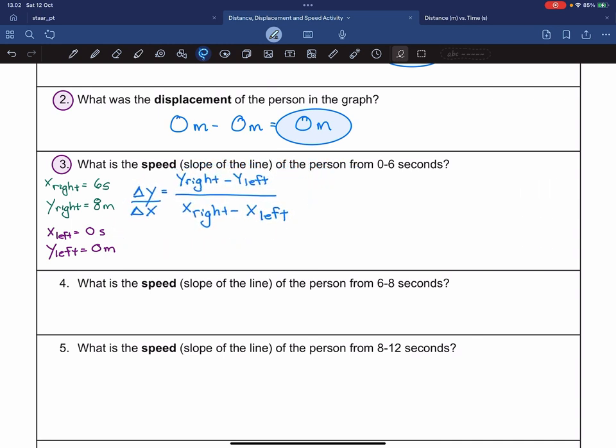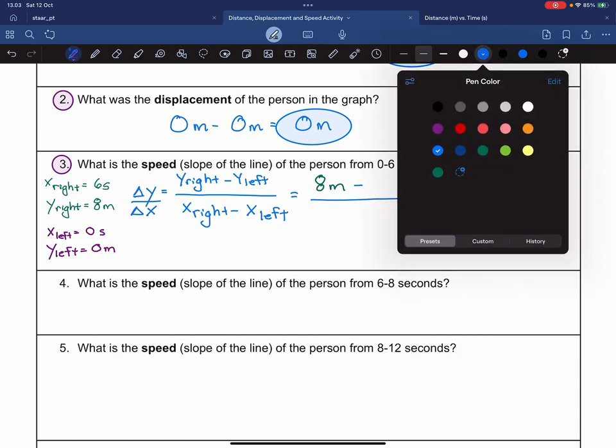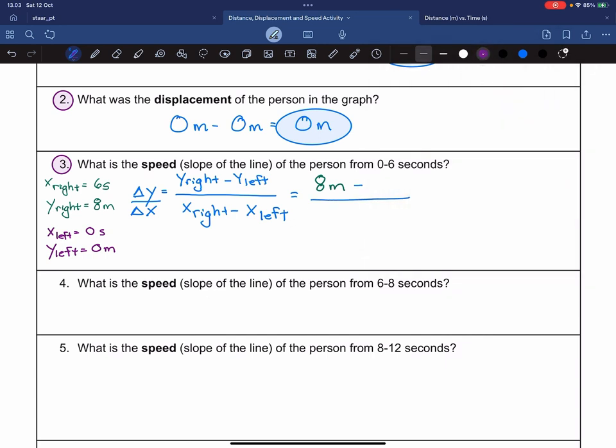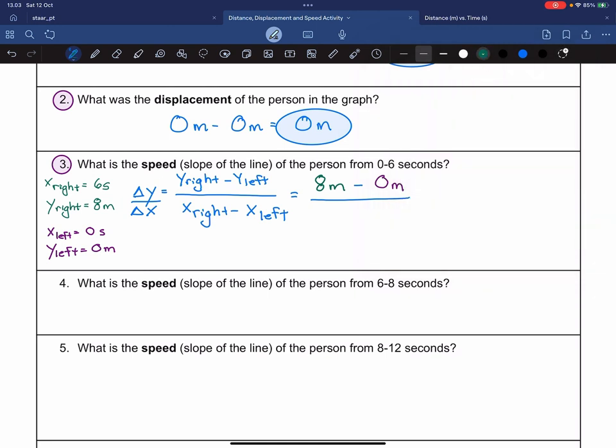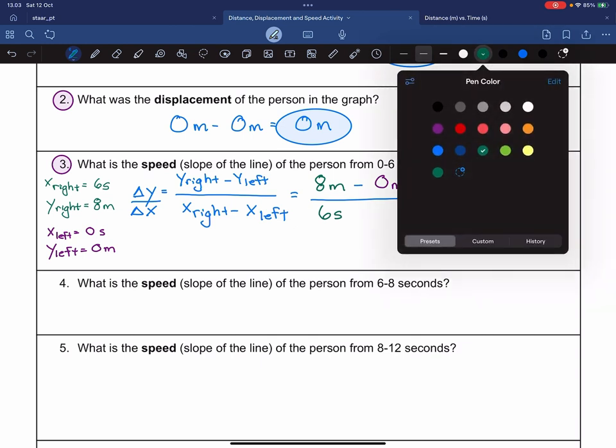And so I'm simply going to do the calculation now, and I'm going to have the units, okay? So here we go. Y right, which I'm going to do in green because it was green, is 8 meters. Minus Y left, which I'm going to do in purple because it was in purple, 0 meters. Divided by X right, which I'm going to do in green because it was in green, 6 seconds.